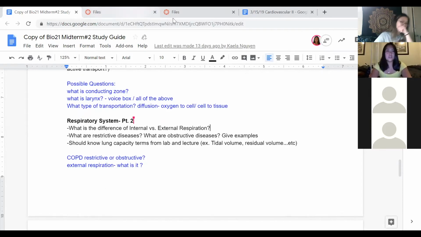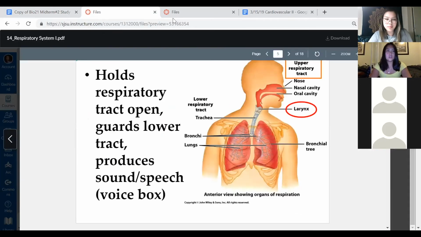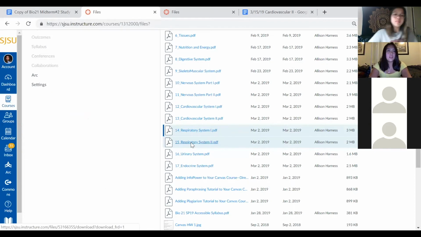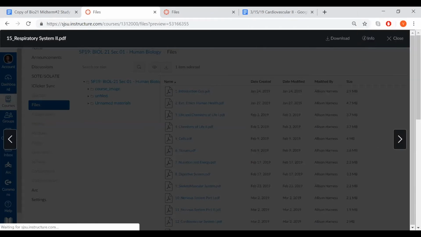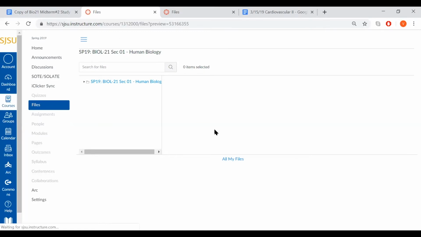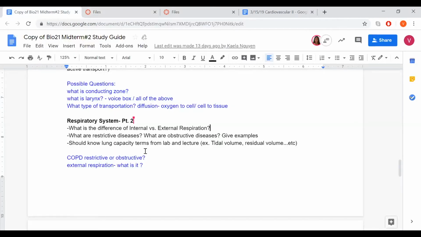The external is the exchange between oxygen versus carbon dioxide in the lungs and the blood. External, lungs and blood. And then internal is the blood and the body tissues. Same thing as carbon dioxide and oxygen transfer.